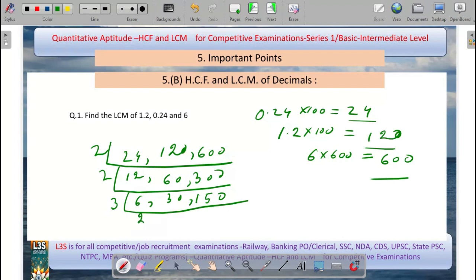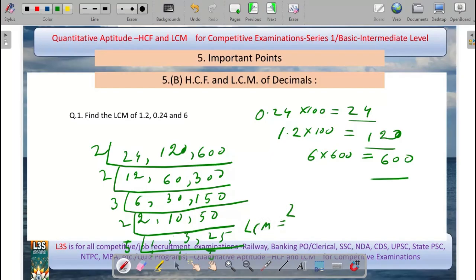We multiply by 3. So the LCM will be all the numbers 2, 2, 3 into 2 into 5 into 5, which is equal to 600.